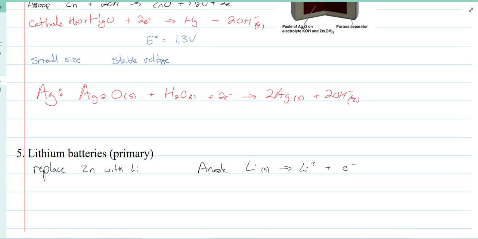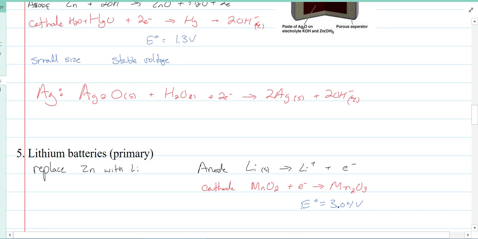And our cathode is manganese 4 oxide plus an electron going to Mn2O3. And our reduction potential is around 3 volts. So double the voltage. And these are used in a lot of applications, like bright lights and whatnot. So those are the primary storage batteries.